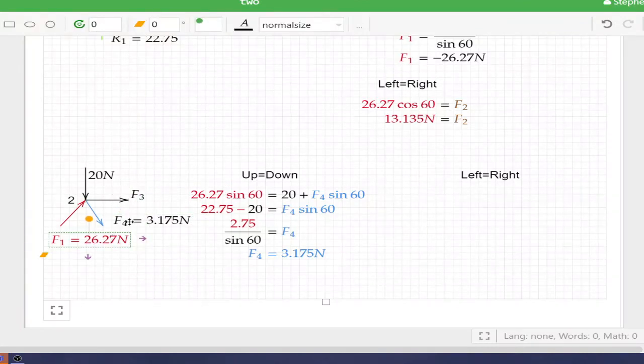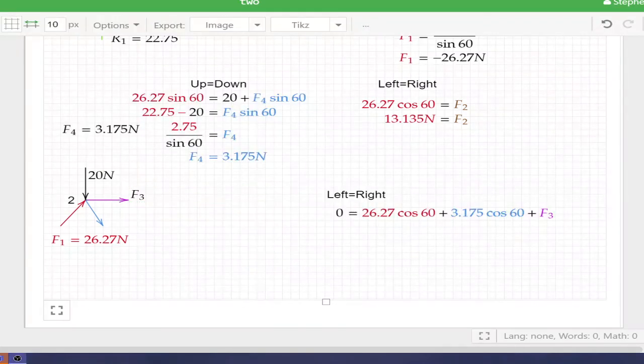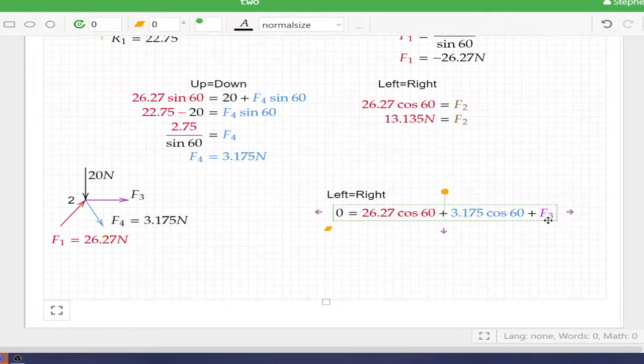But we know the only thing we don't know there is F3. So I'll just type that out for you. Okay, and so our final equation then, left equals right. We've got our F1 horizontal component in red. We've got our F4 horizontal component in blue. And then you'll notice I've given F3 a nice pinky purple kind of a look.